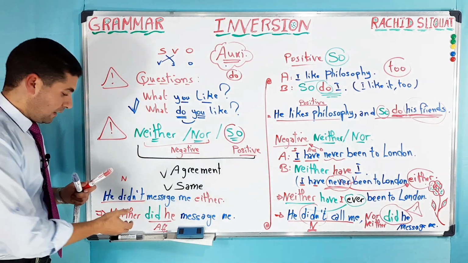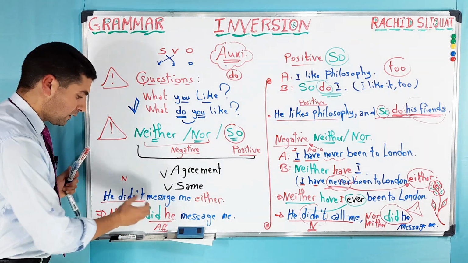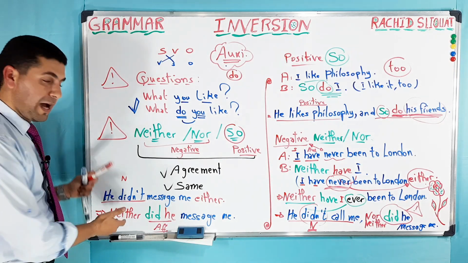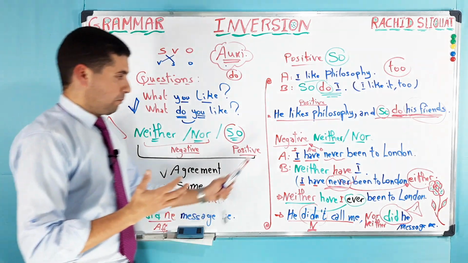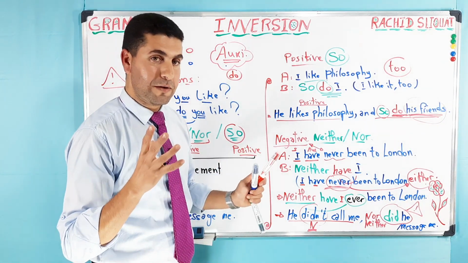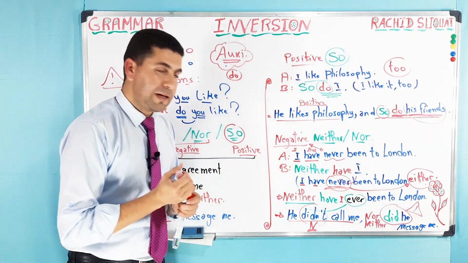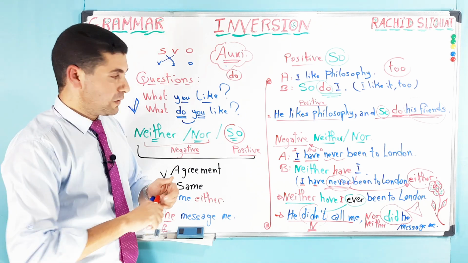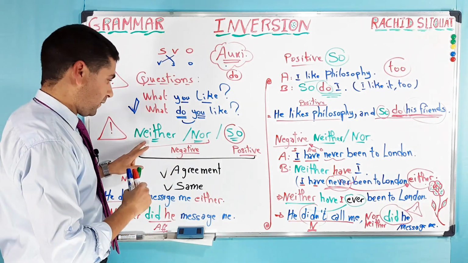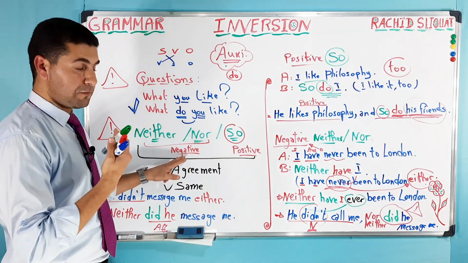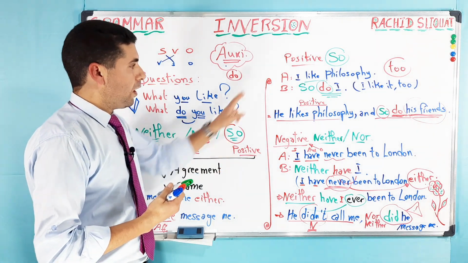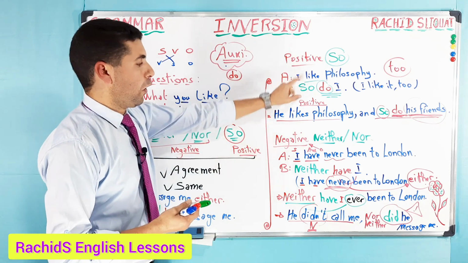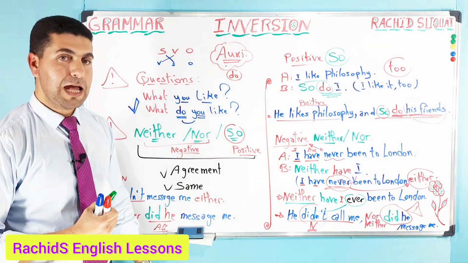So we invert the subject and the auxiliary when we have neither in the beginning, but with negative sense. So these are very simple examples to understand inversion when it comes to these words: neither, nor, negative meaning, and so, positive. These are the cases of so and the cases of neither and nor.